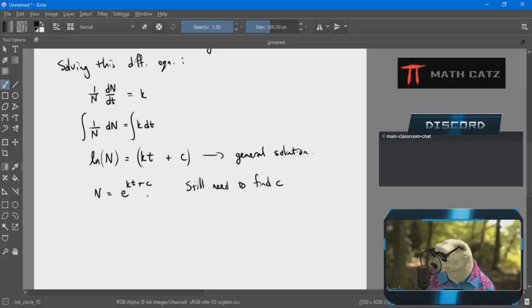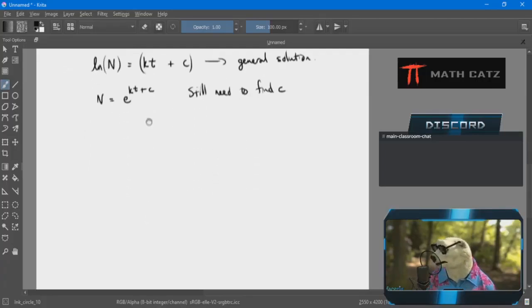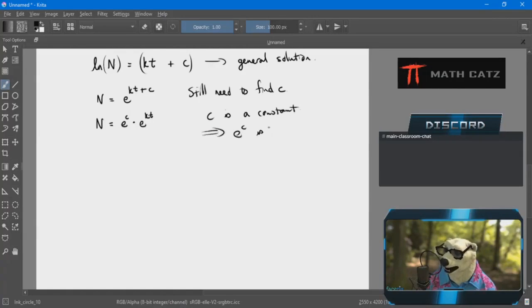But if I rewrite this a little bit, it's going to look much nicer. So what we're going to do is write this as e to the c times e to the kt. Now if c is a constant, that would mean that e to the c is also a constant.